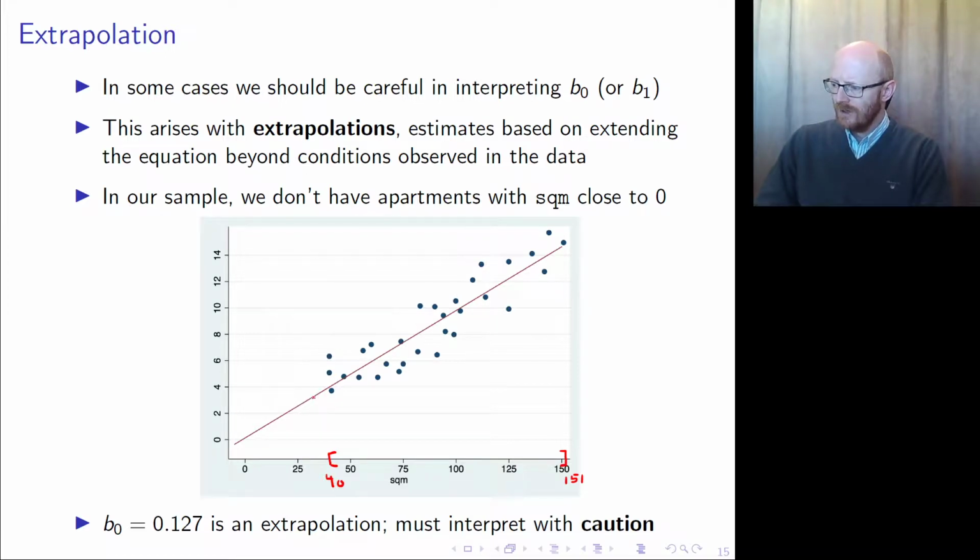If you extrapolate, for example, down here, then you are actually assuming that this linear relationship between x and y continues also outside of the range of your data.